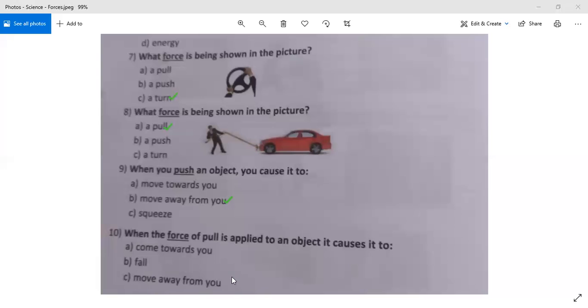So when you pull an object, does it come towards you, does it fall, or does it move away from you? Which one is correct? If you said come towards you, you are correct. Very good, children. That was well done.